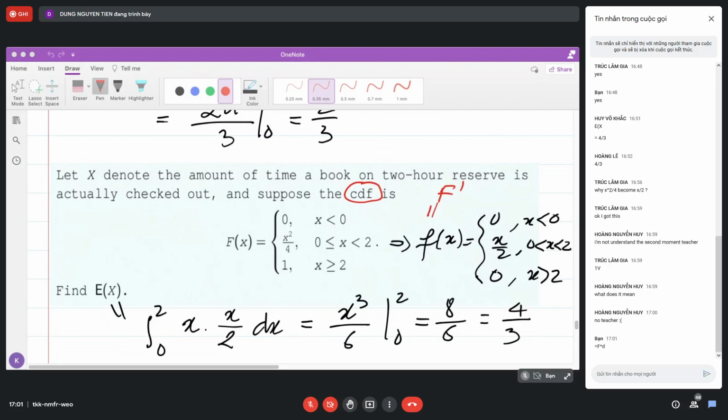Okay. And using that idea, you can come up with the first moment, and you can come up with the second moment, right? Is it okay?